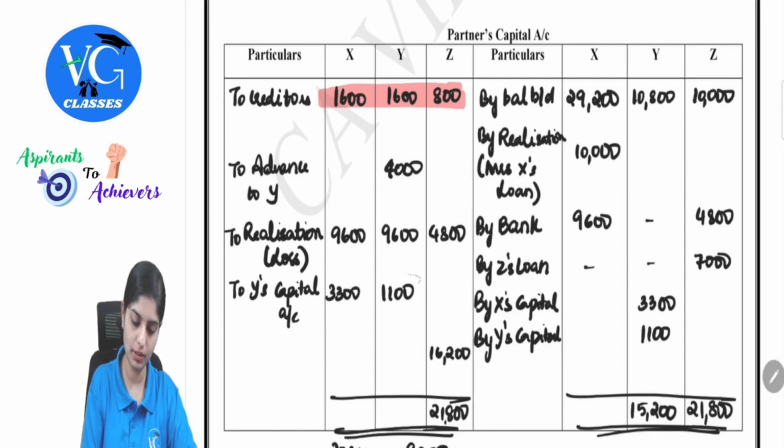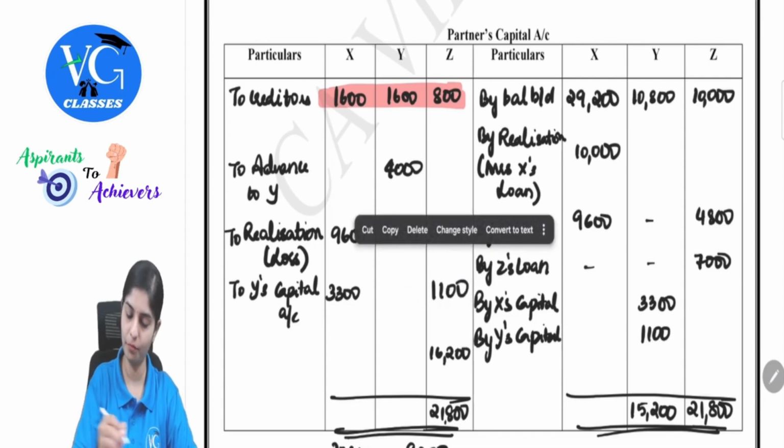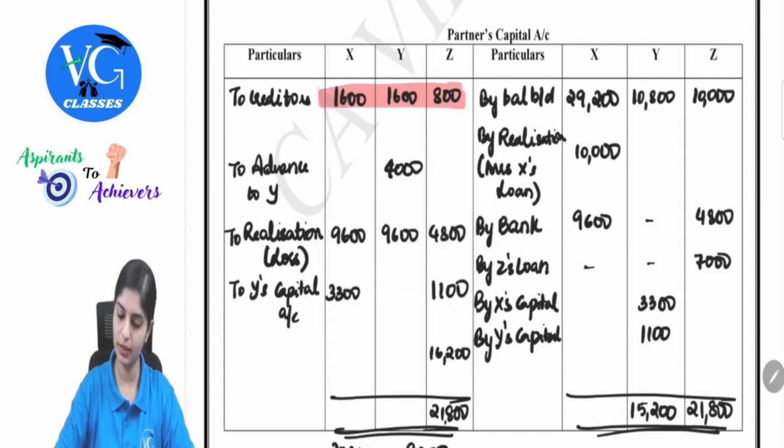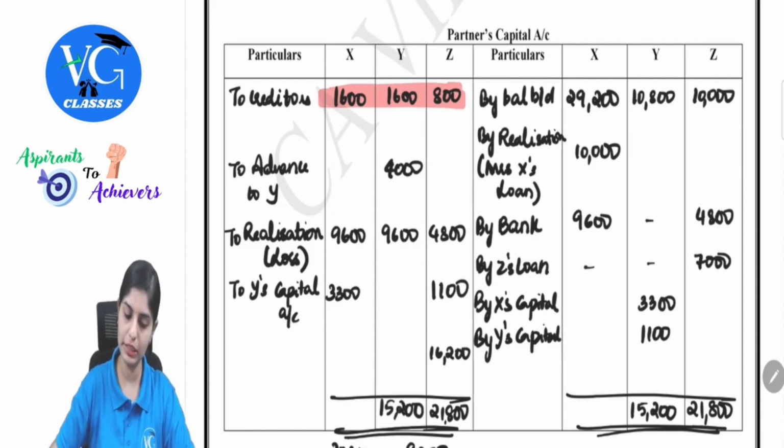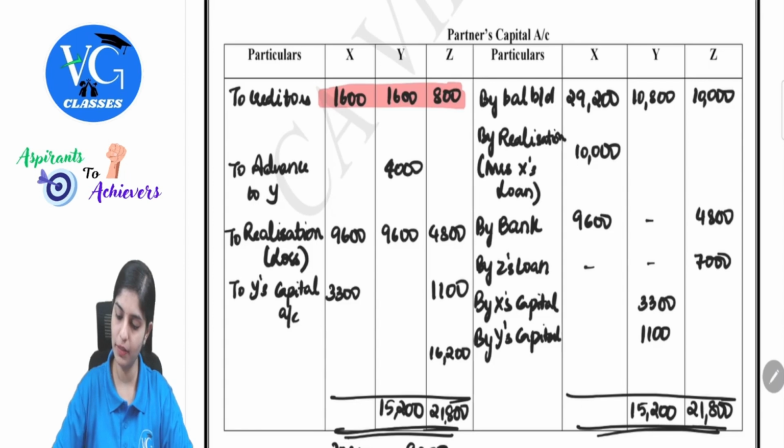So here also there is a mistake. So in Y, 1,600, 4,000, 9,600, 15,200. So there will be a revision in Z's balance. 21,800 minus 800 minus 4,800, 1,100.